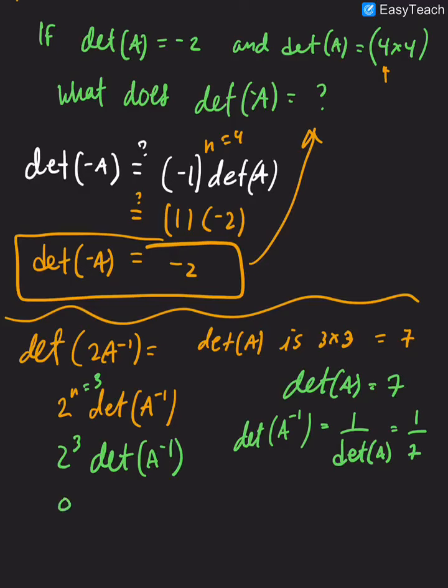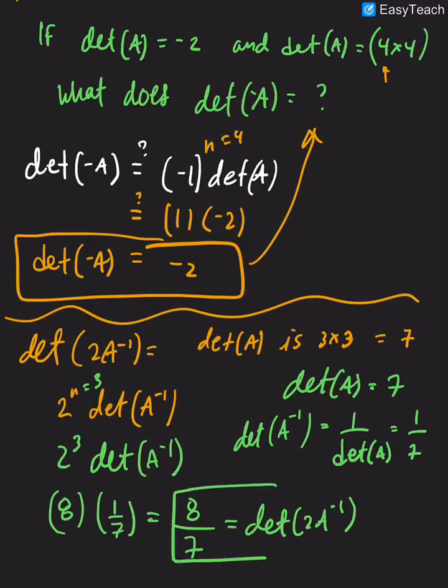So 2 to the third is 8 times the determinant of A inverse. Here is 1/7. So 1/7. And that's going to equal 8/7. So the determinant of 2A inverse is 8/7. So that's a good one. You might get that on your exams.